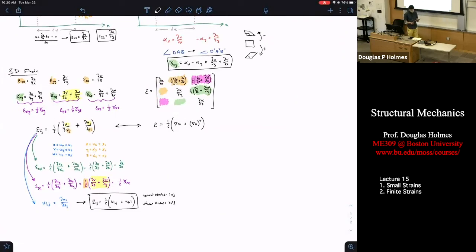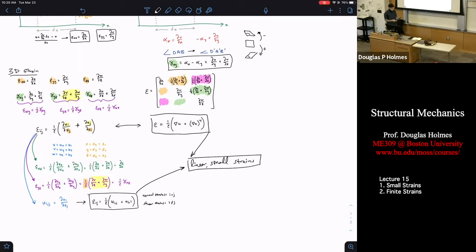How are we doing? Have I lost you in a sea of indices, or is this making sense? These are the two ways you will encounter your strain definitions. These things here are linear or small strains. And there's just two ways of writing them: direct notation and indicial notation.